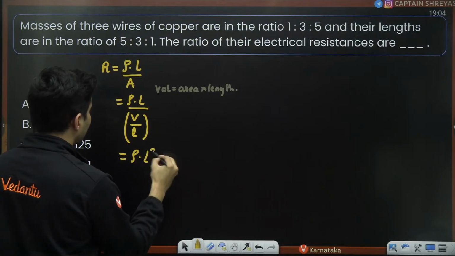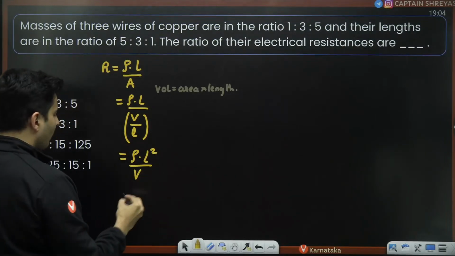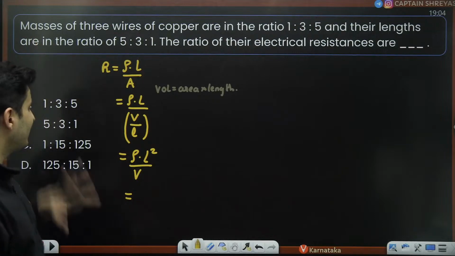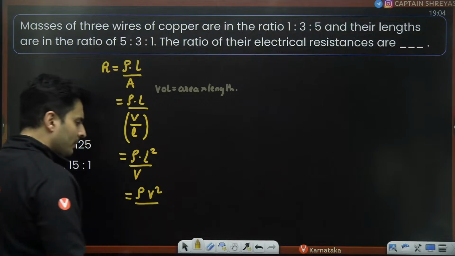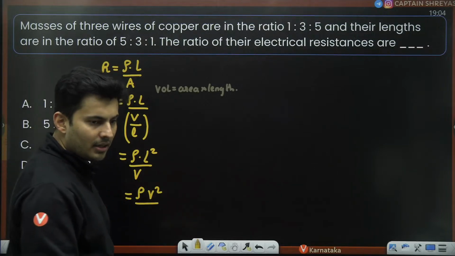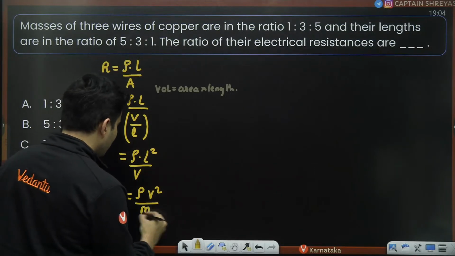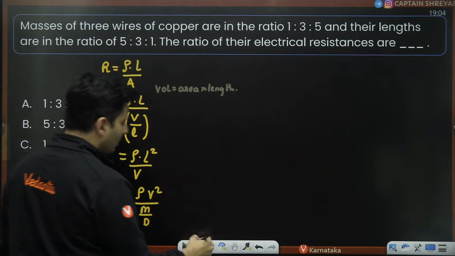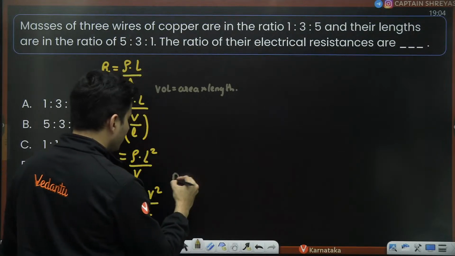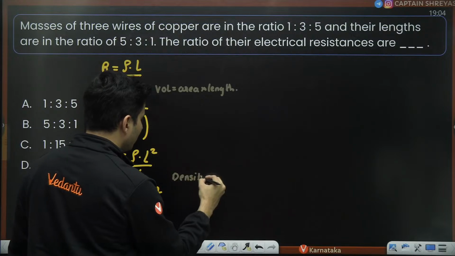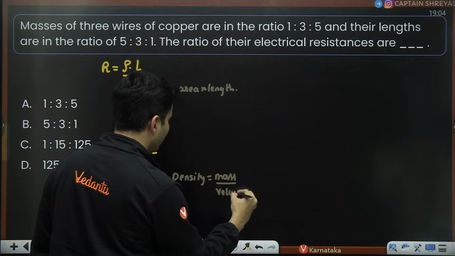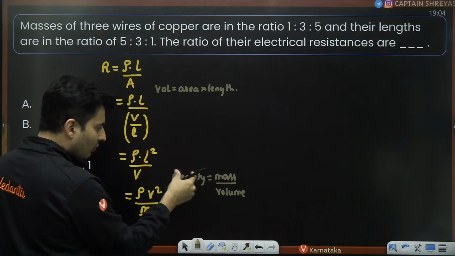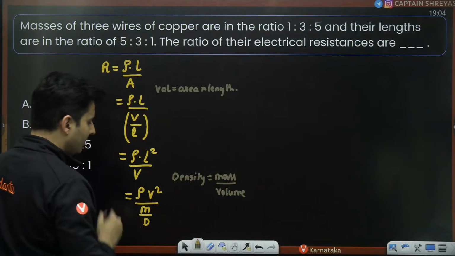So resistance is rho L square by volume. What to do now? Volume is not asked, mass is given. Can I write volume in terms of something? Volume is nothing but mass by density, because density is mass divided by volume, so volume will be mass divided by density.